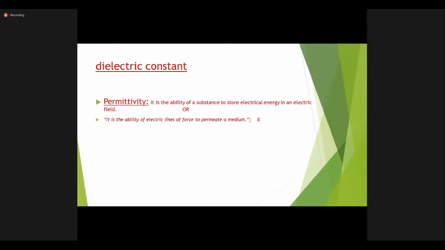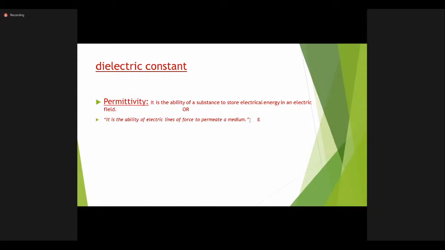Permittivity basically is the ability to store electrical energy, or to be more precise, permittivity indicates the ability of a medium to permeate the electric lines. If electric lines of force or electric field can move through it, can permeate through it, that property which is indicated is called permittivity.